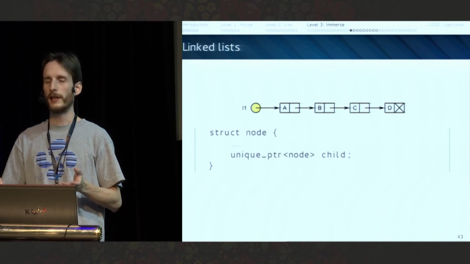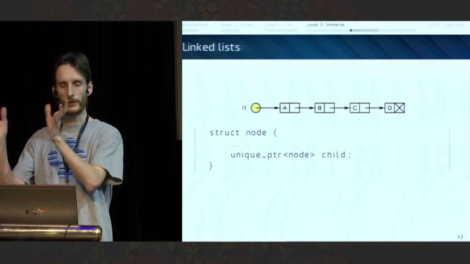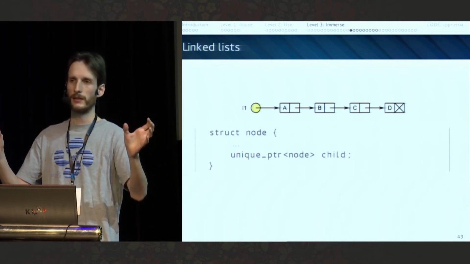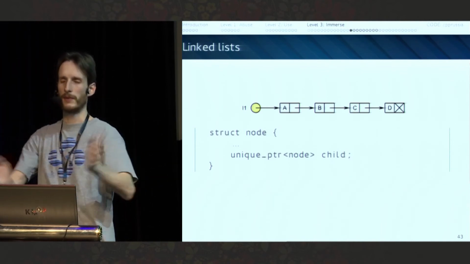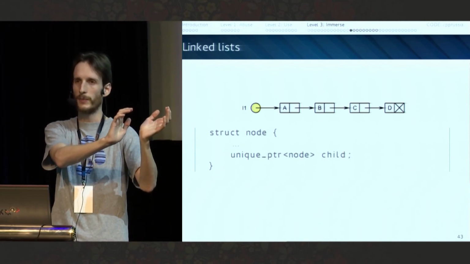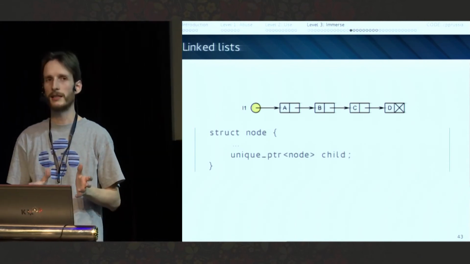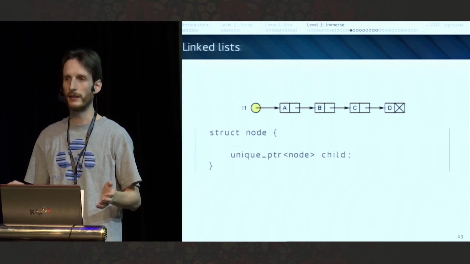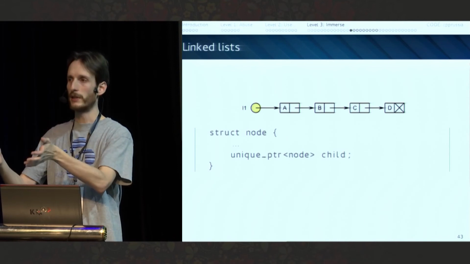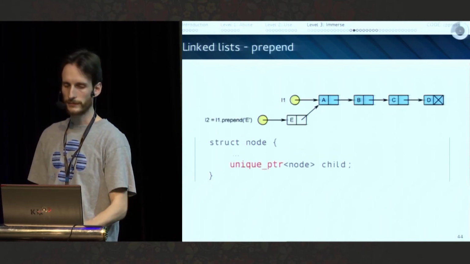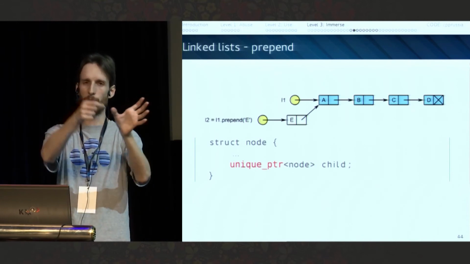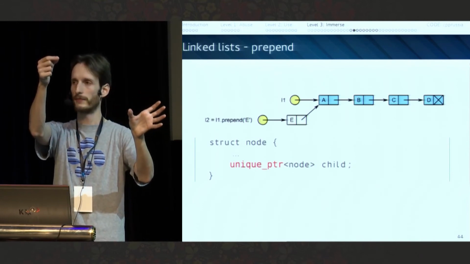If we wanted to create a new list in C++ for a normal linked list that has one element prepended to it, we would copy the previous list and add an element in front. But if we say that all the lists that we have ever created are not mutable, then we don't need the copy. We can just create another list with a single element which points to the previous head.